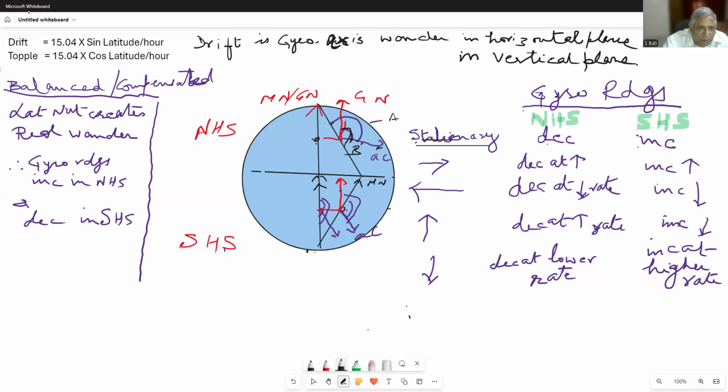And this meridian will be back to the same place. So because of rotation of the Earth and because of apparent wander, the gyro readings in the northern hemisphere decrease with time, southern hemisphere increase with time.